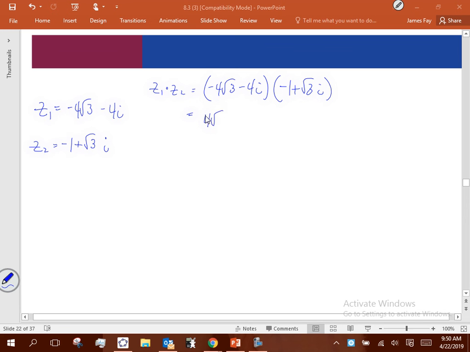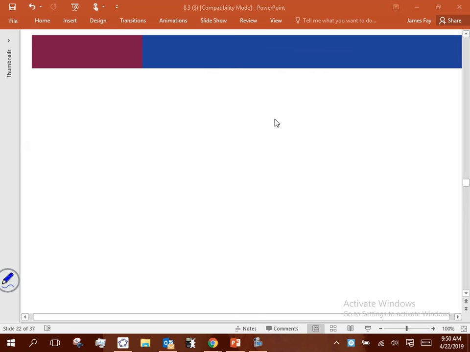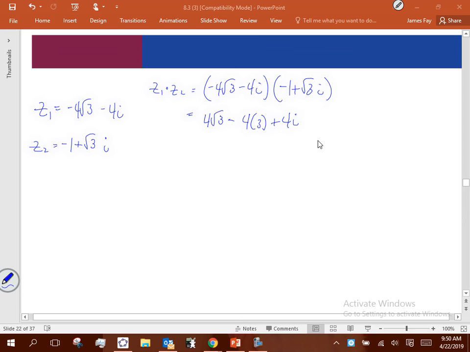That's first times first. Let's go outside times outside: negative 4 root 3 times root 3 gives me negative 4 times 3. Now I'm going to do inside times inside, so negative 4i times negative 1 gives me positive 4i. And then last times last is going to give me negative 4 root 3.